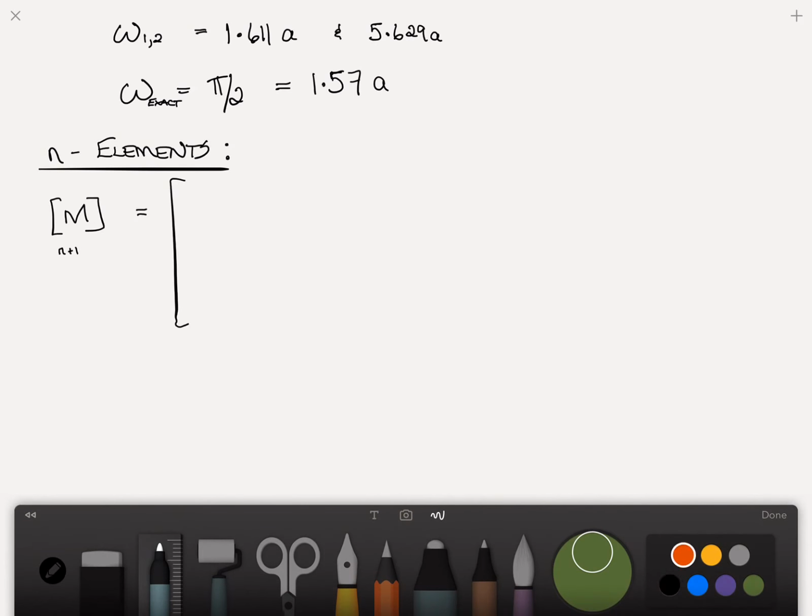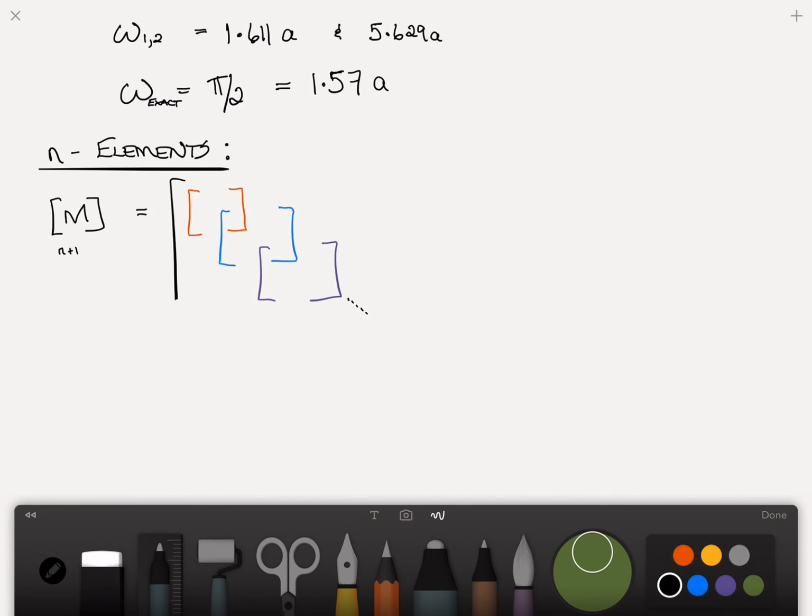the mass matrix is equal to, let me just use some colors. We have a matrix here, let's say, 1 element. We have a second element here. Let's say we have a third element here. All the way down, and the idea is dot, dot, dot. This continues.